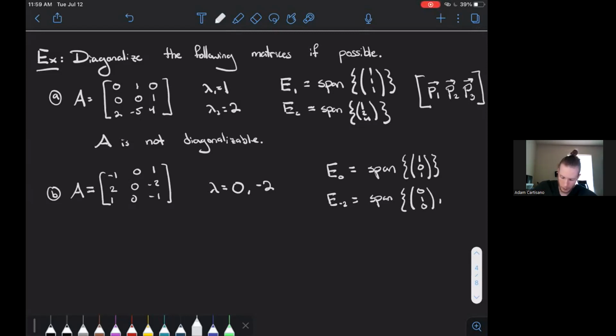Oh wait, I've gotten this wrong. Okay, 1, 0, 1. I got my E0 wrong. There was a 3 or a 2 inside there. I think it was positive 2. Like this: negative 1, positive 2, 1.